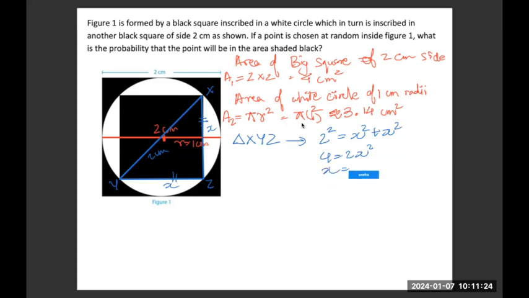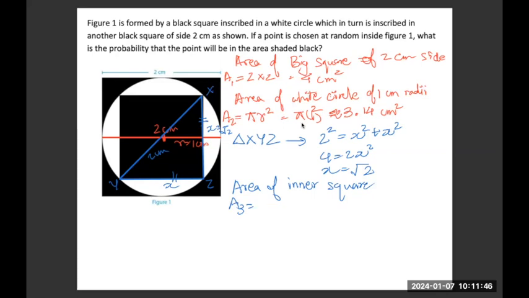So x value is root 2. So I know the value of x is equal to root 2 here. So the area of the inner square, I will say A3, the whole inner square, I'm not taking the triangle.